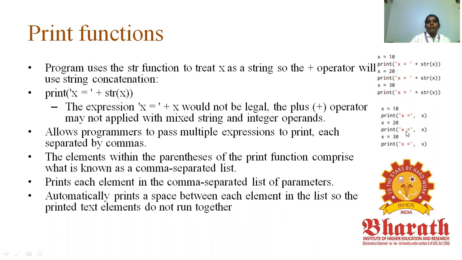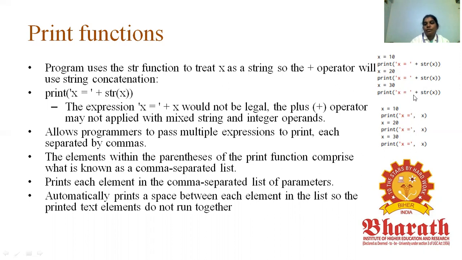But in the next example, x is equal to 10, print x is equal to comma x. See, there is no plus operator used here. Instead, we use the comma separator. The plus operator may not be applied with mixed string and integer operands.